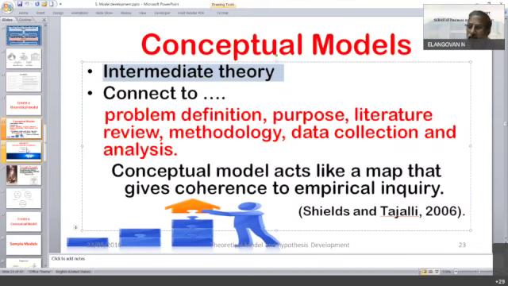Or you may try to include a new moderating variable. Or you may try to change the path. If the path is from this variable to this variable, you may change the path. These are some kinds of testing or novelty you try to do.